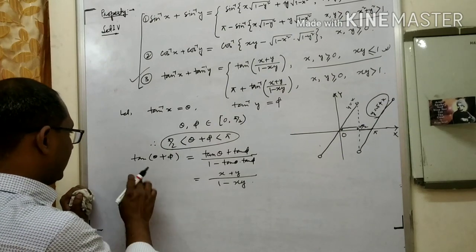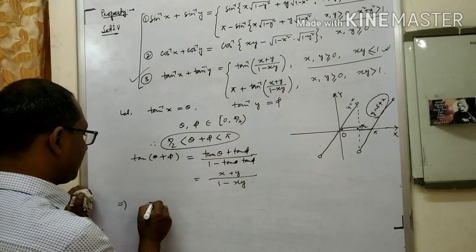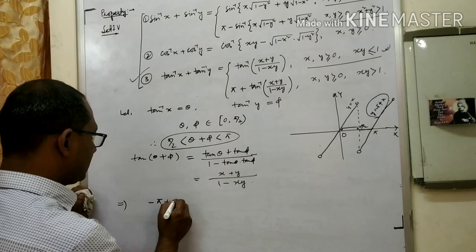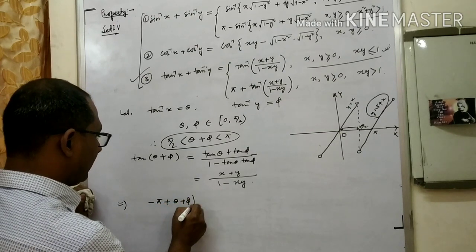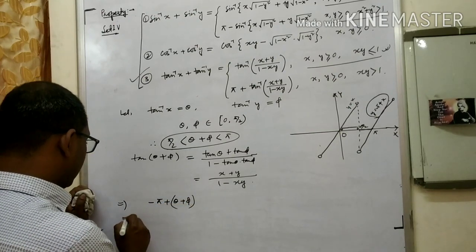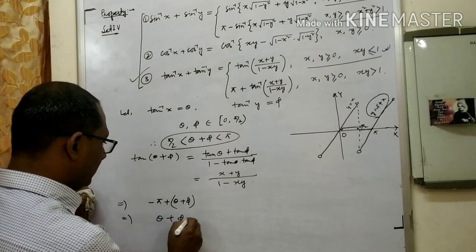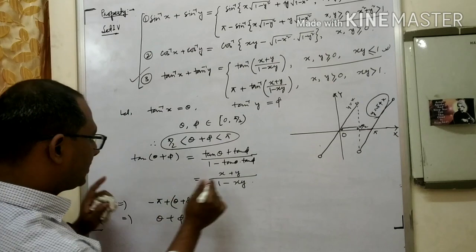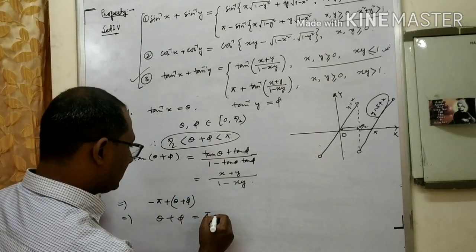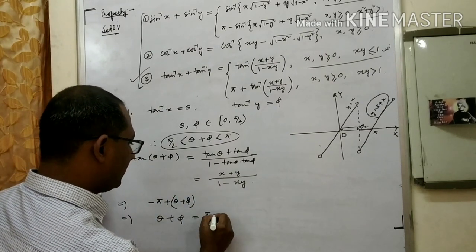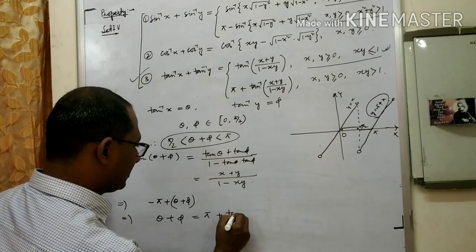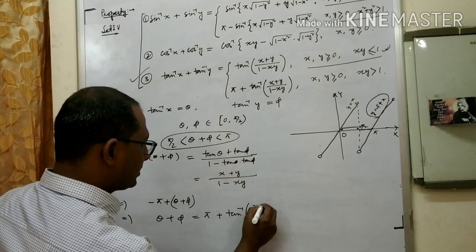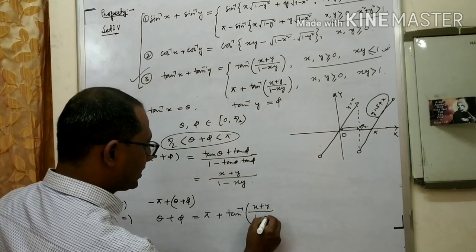So here tan inverse of tan theta will give me minus pi plus theta plus phi. So theta plus phi will be equal to, and this side, the moment I am taking tan inverse, tan inverse will come in this step, so pi plus tan inverse of x plus y upon 1 minus xy.